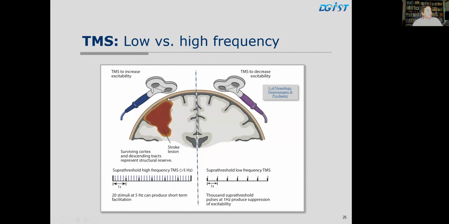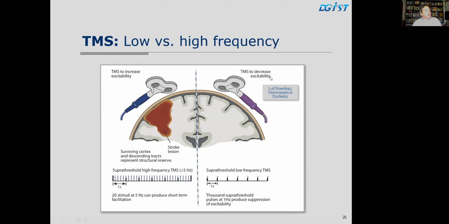So we can do different types of transcranial magnetic stimulation at a high frequency or at a low frequency. If we do it at a very high frequency, the transcranial magnetic stimulation can increase excitability and improve the function of surviving cortex around damaged areas of the brain, for example, from a stroke or a cancer.